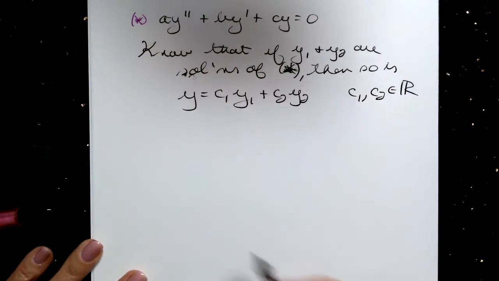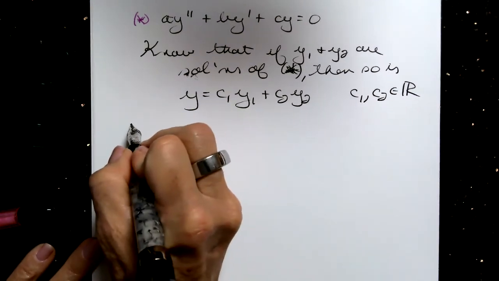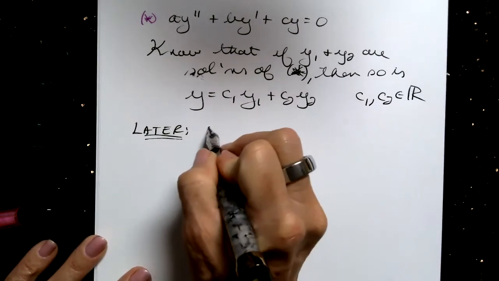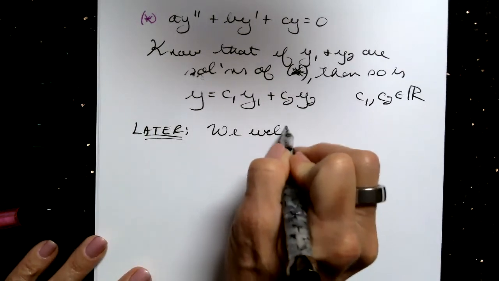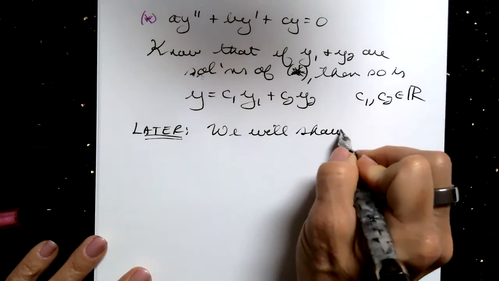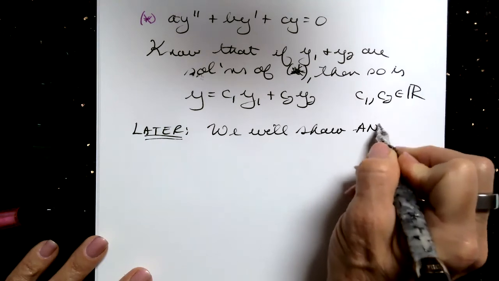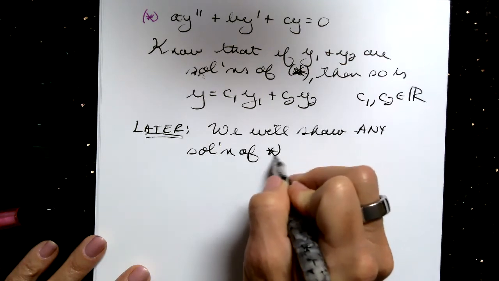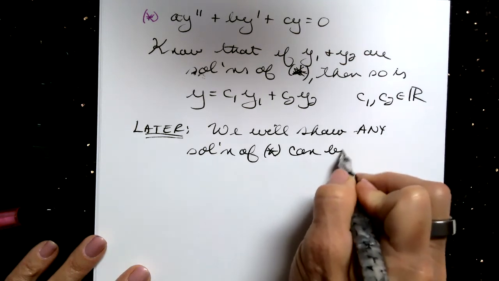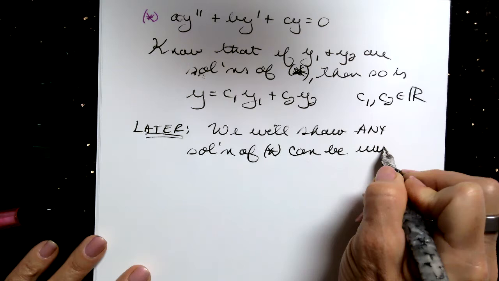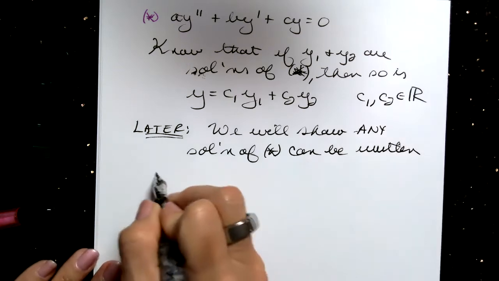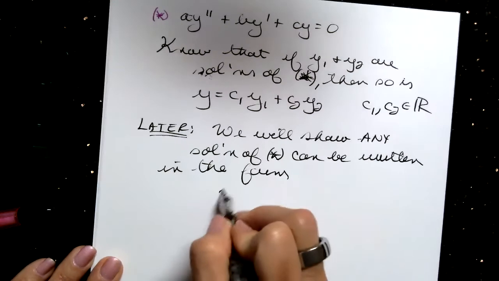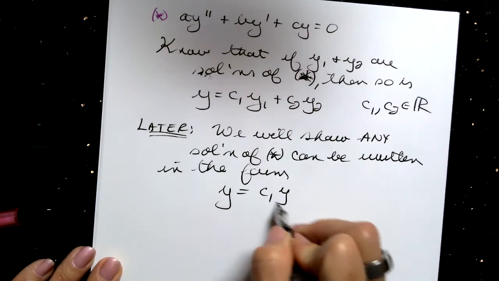Okay. And what we'll see in a later section, we will show any solution of star can be written in the form y is C1 Y1 plus C2 Y2.